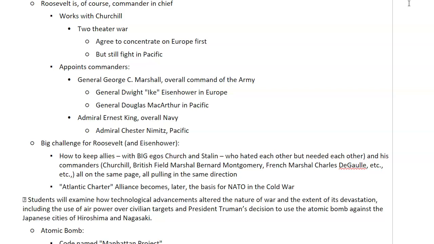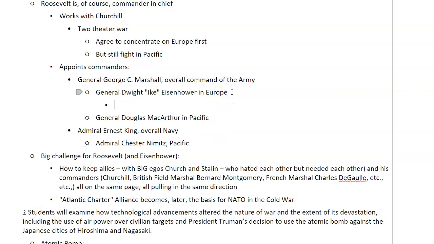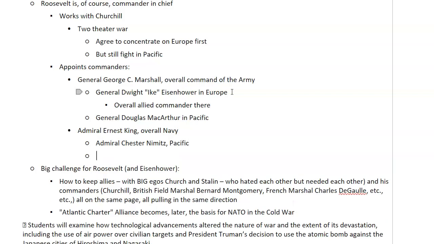Douglas MacArthur is put in command of U.S. forces in the Pacific. Ike becomes commander there. So the British and French troops actually sort of come under him.